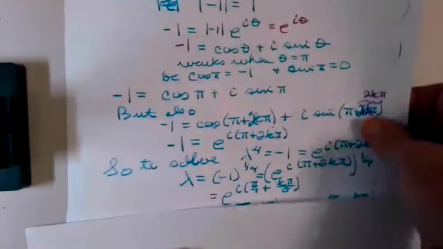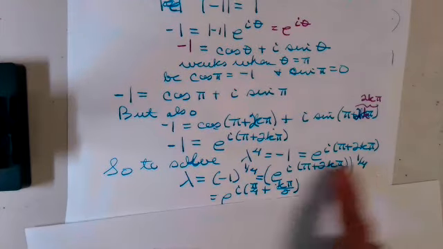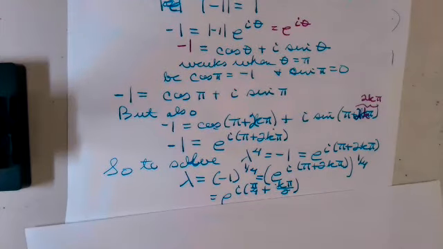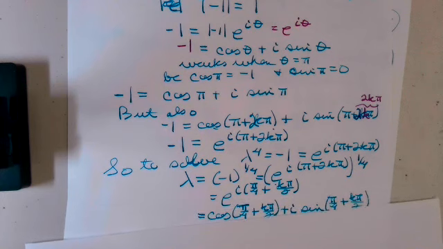So I just multiplied the 1/4 times what was inside. And now I go back to my sines and cosines. So that's cosine of pi over 4 plus k pi over 2, plus i sine of that same thing.